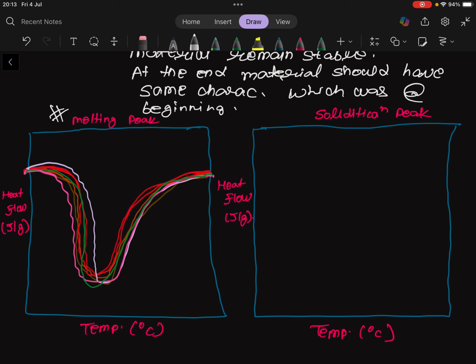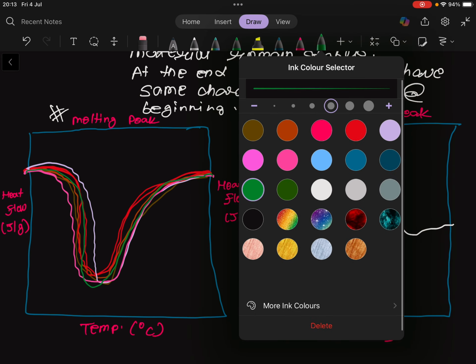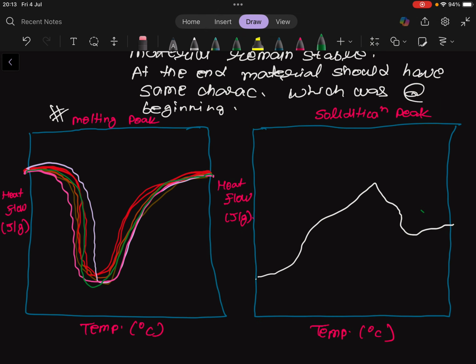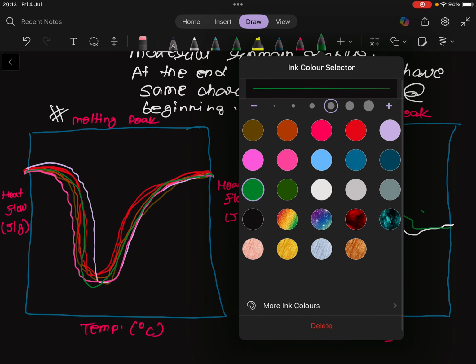For the first cycle, suppose I have this, for cycle 2 something like this, for cycle 3 something like this.